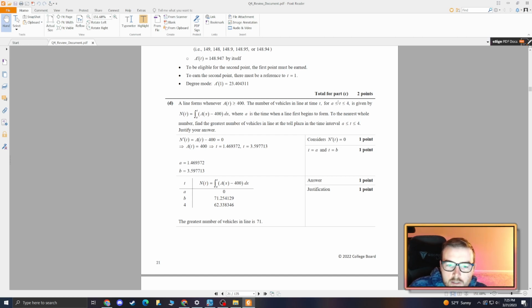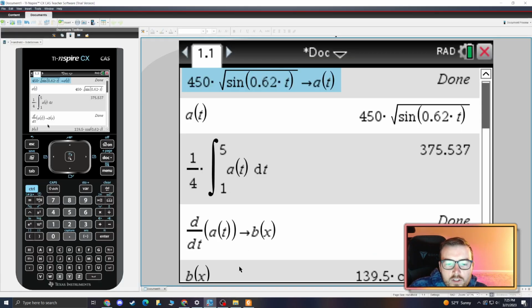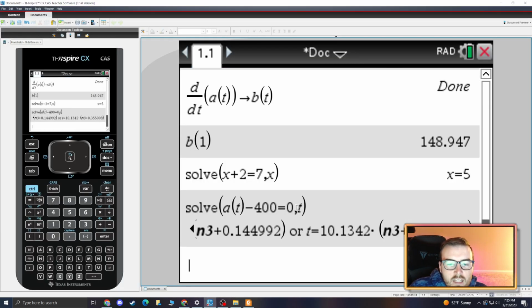So how do we get the calculator to tell us only positive solutions? Well, can we restrict? So the point is we want to restrict t. We want our calculator not to tell us all of the answers, but only the ones we care about.